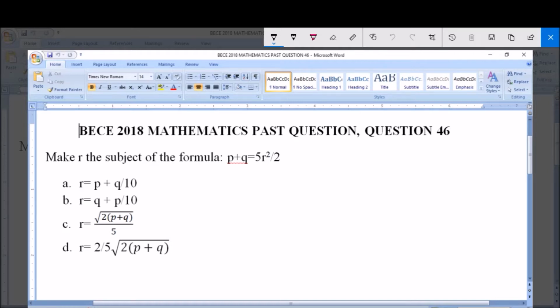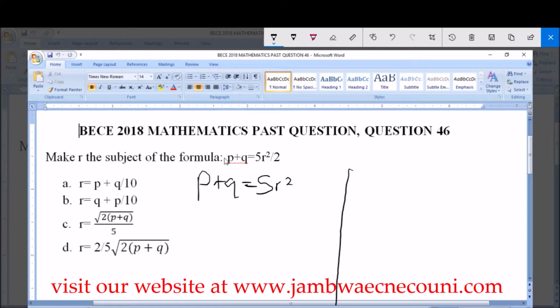Now we are asked to make R the subject of the formula. We have P plus Q is equal to 5R squared all over 2. Let's divide this page to have enough space.